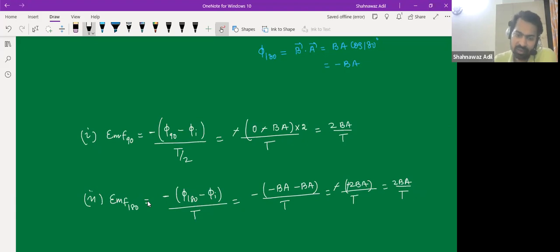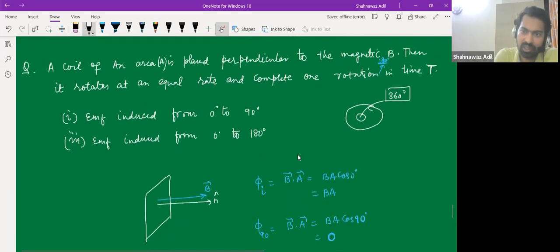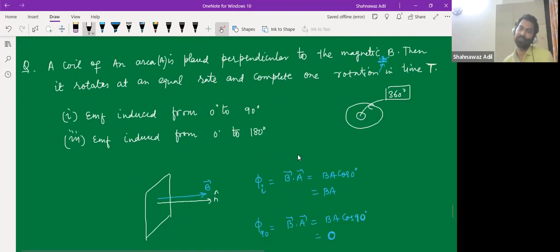Yes. Okay, you guys quickly note it down, and then we'll do Lenz's law. If you guys have any doubts, please ask.